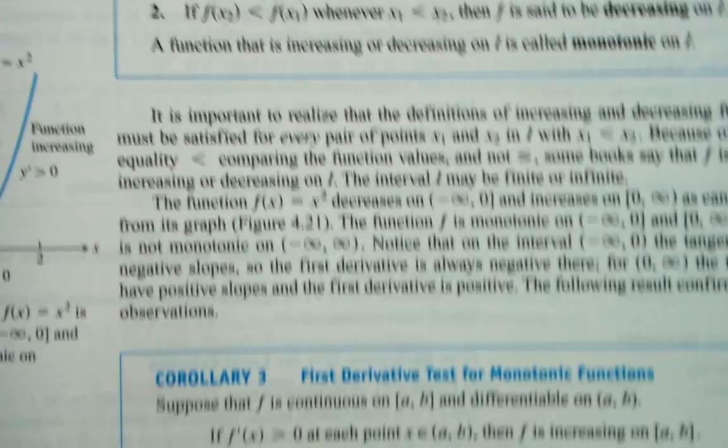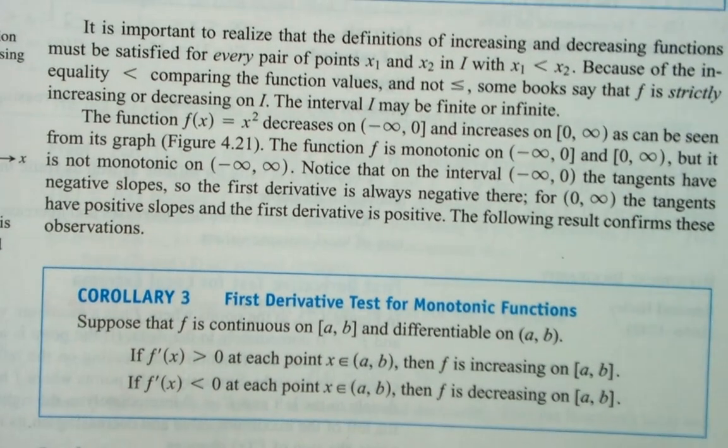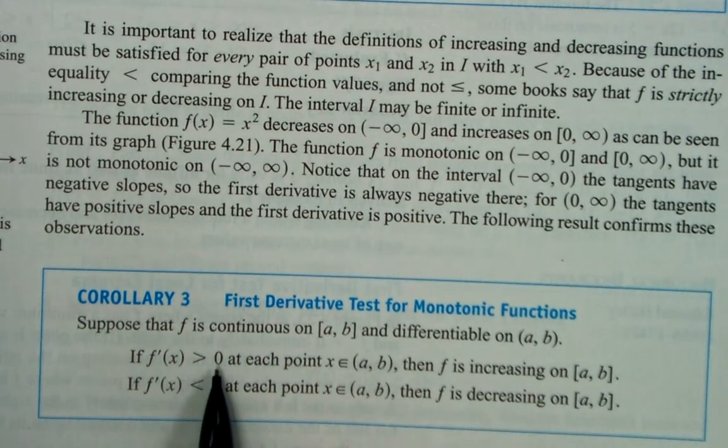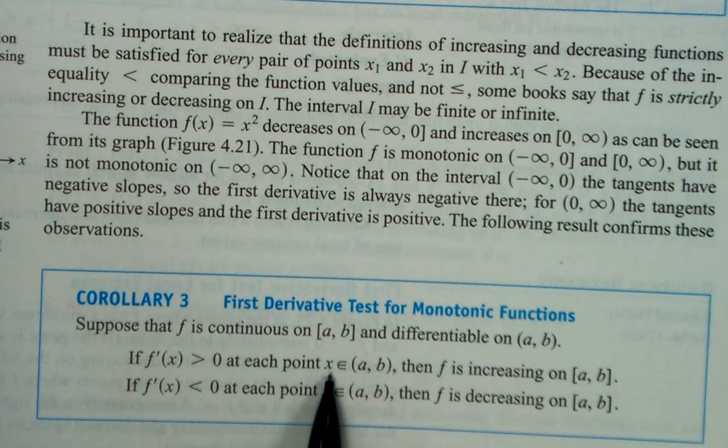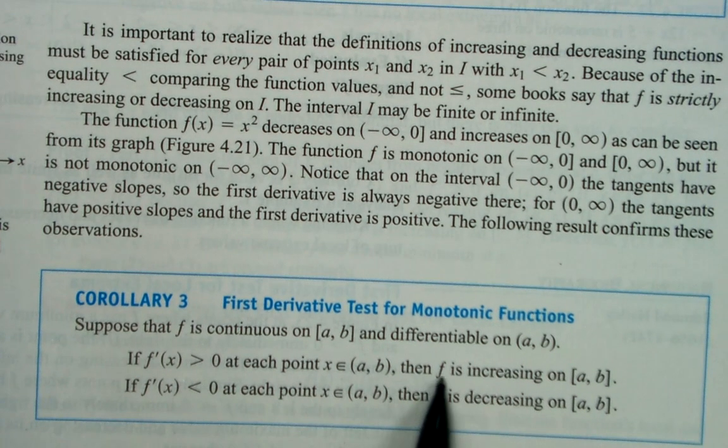Okay, so here we go. It says, if f prime of x is greater than 0 at each point x that belongs in (a, b), then f is increasing. If f prime of x is greater than 0, it's increasing. Before I explain, do you guys agree with that?